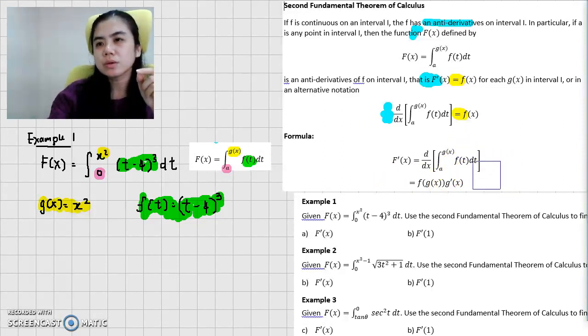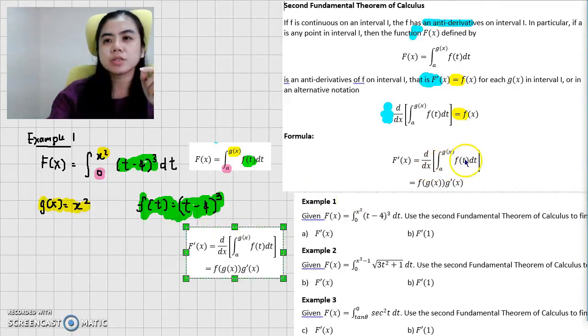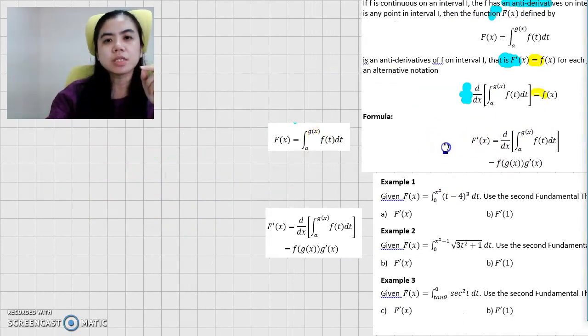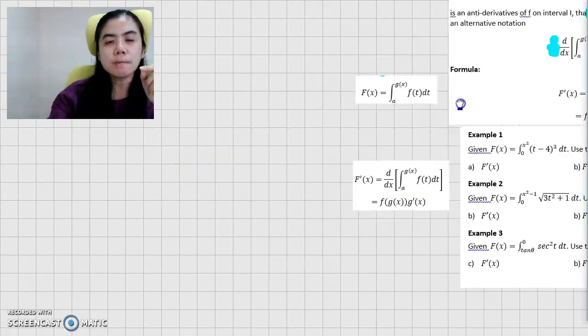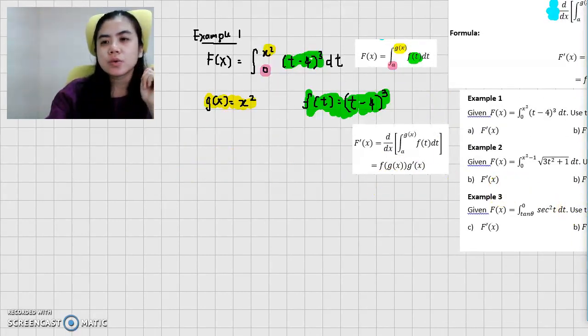We have this formula, and I'll just put it side by side. Let's just focus on the solution itself. The first thing that we have to do is write F prime of x, following the form that you have here.